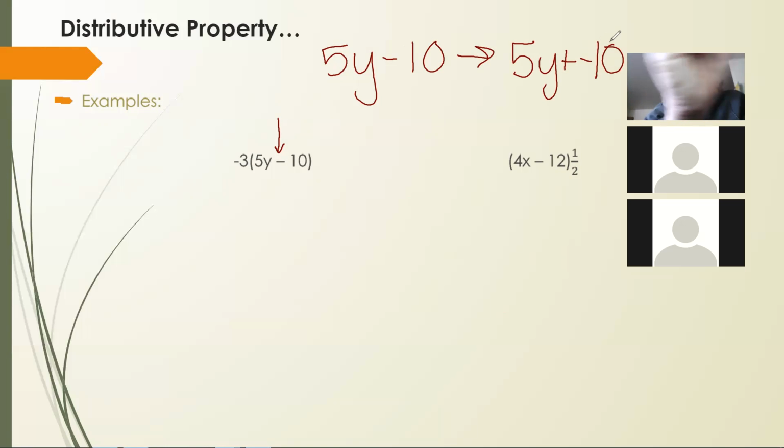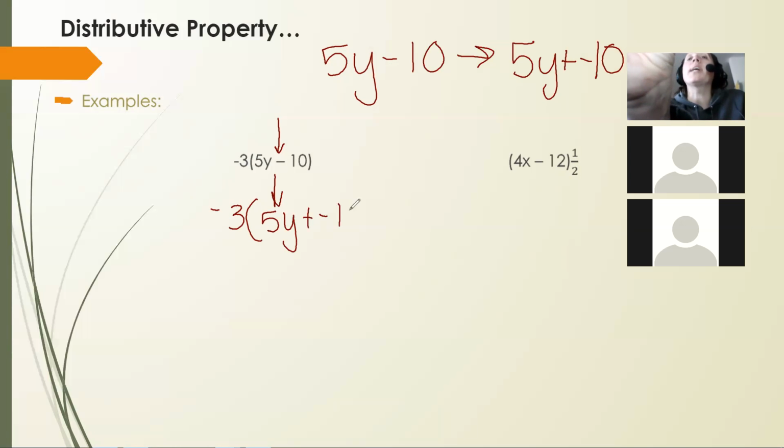So we have negative 3 times 5y minus 10. I see a minus sign in the problem, not the negative 3. Negative 3 is fine. That can stay just like it is. But I'm going to change it to negative 3 times 5y plus negative 10. So we're just sliding over the negative to make it easier to work with. Now I'm going to share the candy, right?